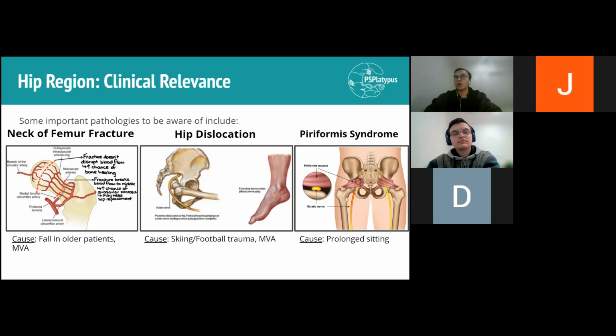And one of the potential causes for this, not the common one, is if you sit for long periods of time, especially sitting on something like a wallet that's really pushing into your piriformis muscle, that can make it inflamed. And then the inflamed muscle is going to become larger and therefore compress the sciatic nerve below it. And if your sciatic nerve is damaged or being compressed, you'll feel pain down your leg. And you might also lose some motor function depending on how much damage or how much of an impingement there is.